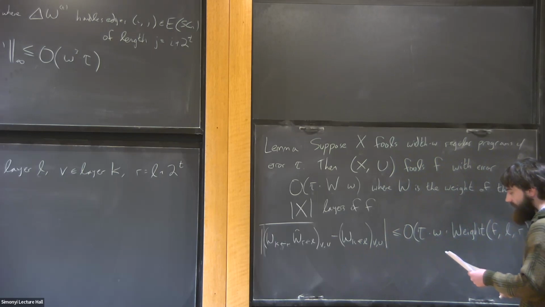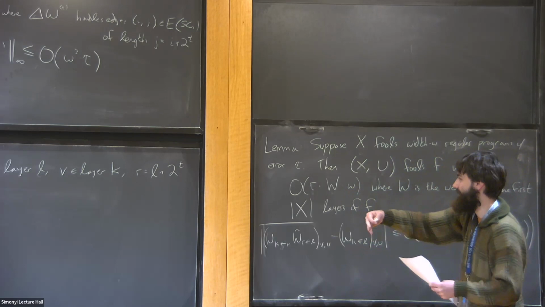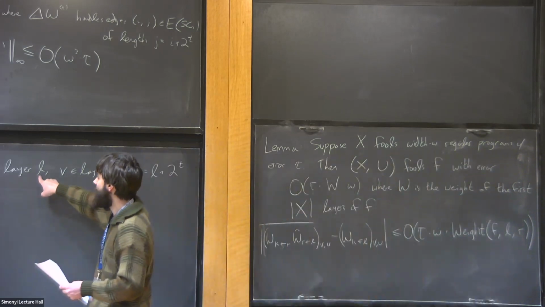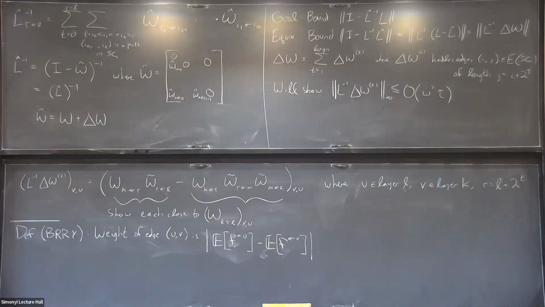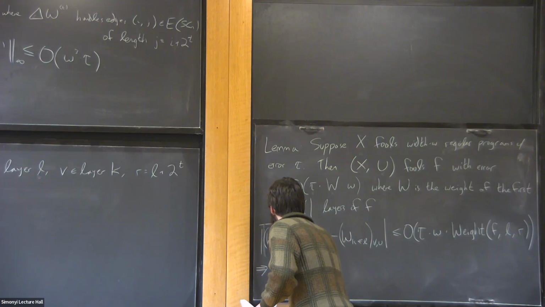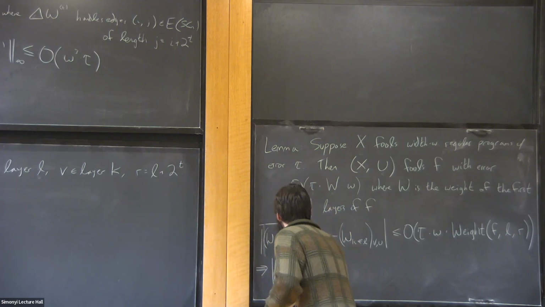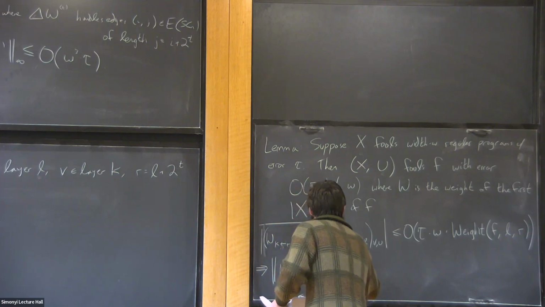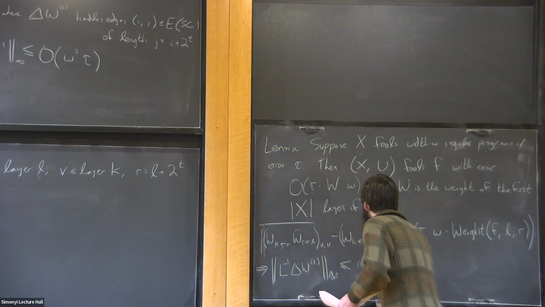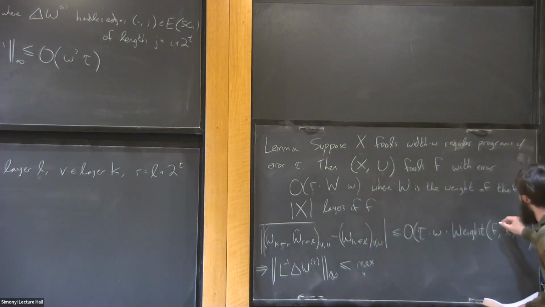Good. That was just one entry, but now when we look at the infinity norm, we're summing over the entire length of the program. Most importantly, we're summing over all L. We're considering a worst case target vertex V. Actually, this should be the weight when you're thinking of V as the target vertex.